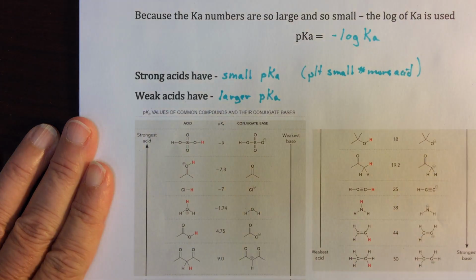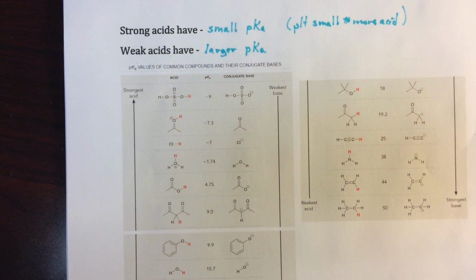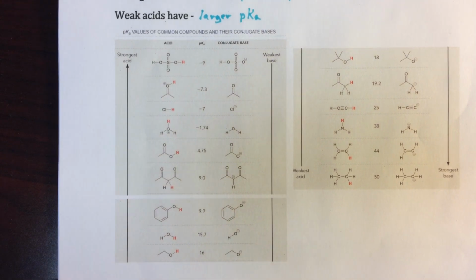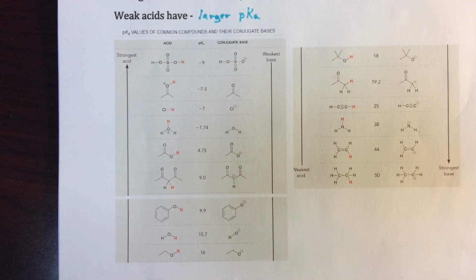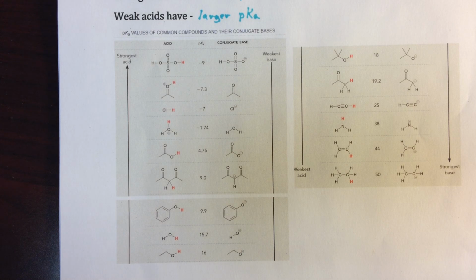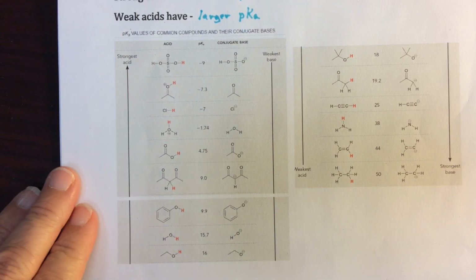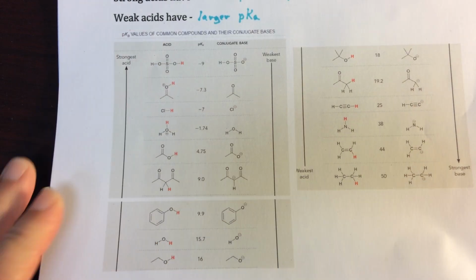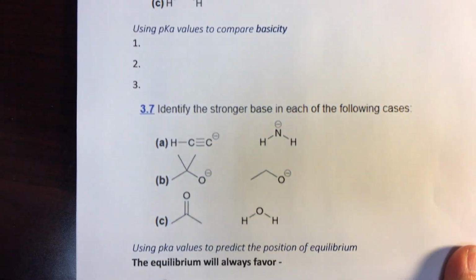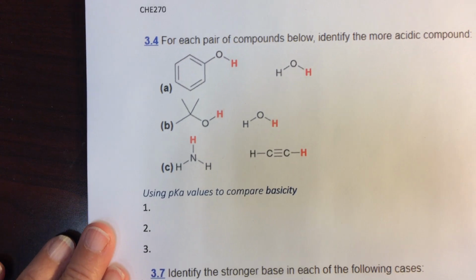That helps you. And if you were in class, you'd be receiving a paper copy of this chart that has a lot of the compounds that we'll be using. And for acids, it's fairly straightforward. You're just going to compare the pKa's.